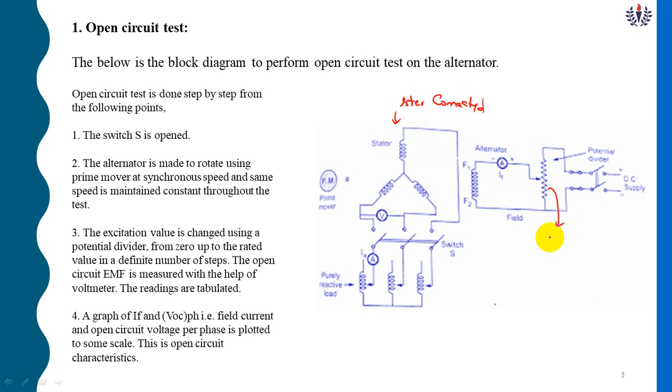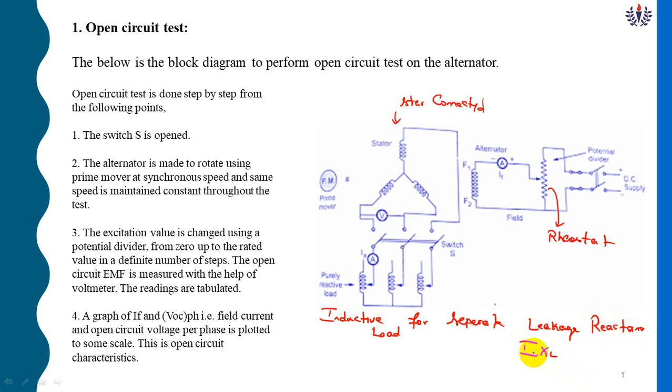This is a rheostat, and here there will be an inductive load. We are operating the inductive load to separate the leakage reactance, which is I into XL, current into XL. XL stands for leakage reactance.